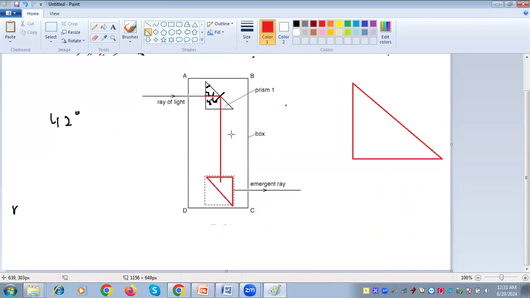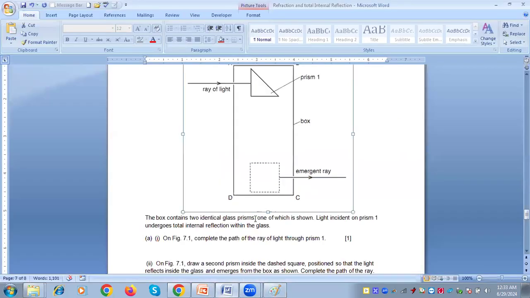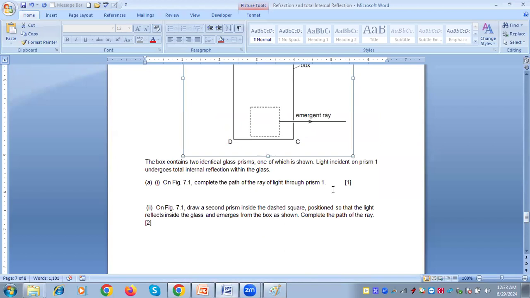Okay, the ray goes this way straight, undergoes total internal reflection, and then comes this way. Okay, so this is our answer, the emergent ray. It means the position of the prism is important. It should be in the right position. So we have completed, got 1 mark. On the figure, draw a second prism inside this.